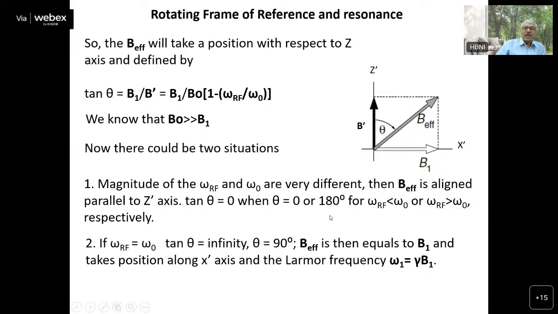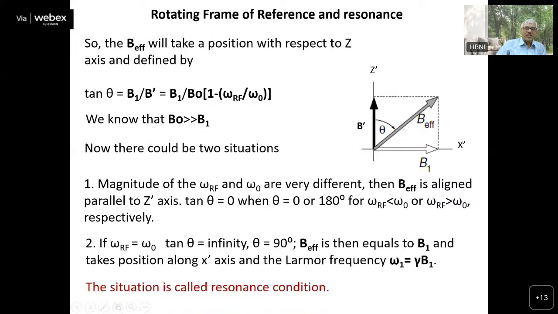And now the nuclei will precess along this new, effective magnetic field, and the precessional frequency will be omega 1 equal to gamma B1, because now B effective equals B1, since B prime has now become 0.